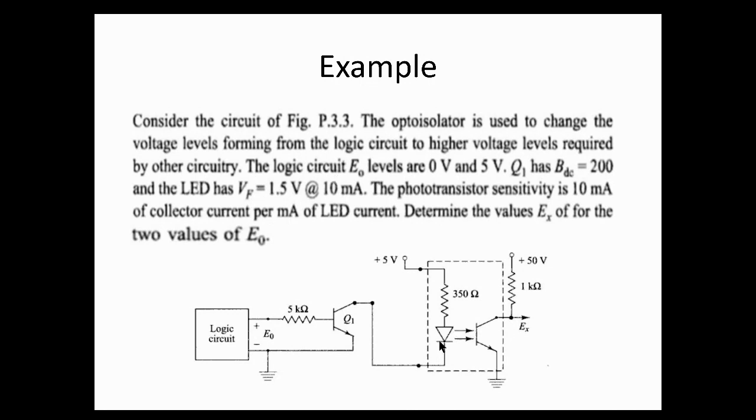So you need 1.5 volts at 10 amperes for this LED to be turned on. So based on that, you can see why there's a 350 ohm resistor that is built into the optocoupler, right?